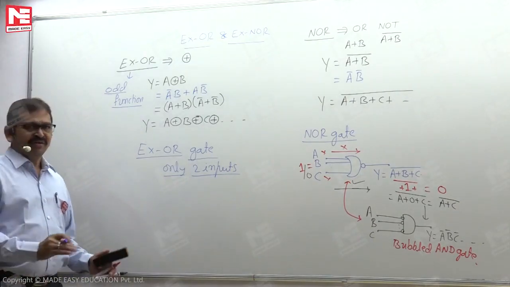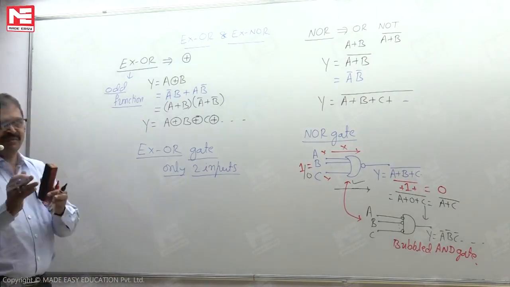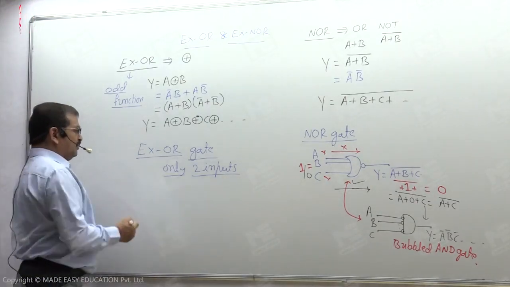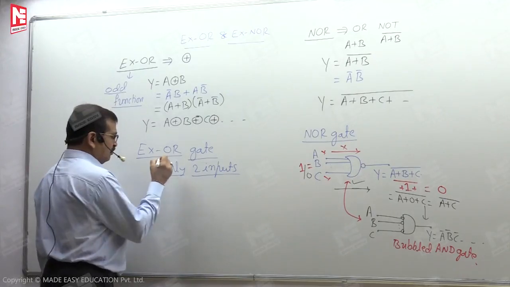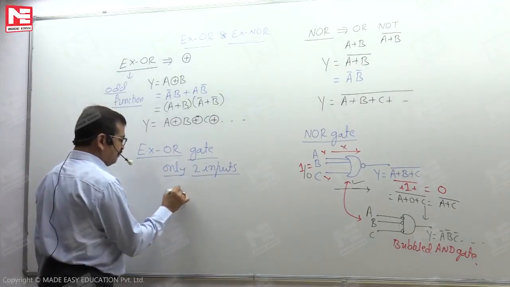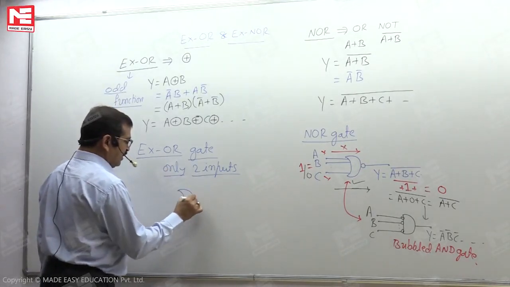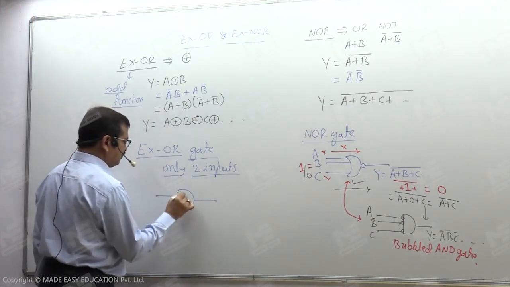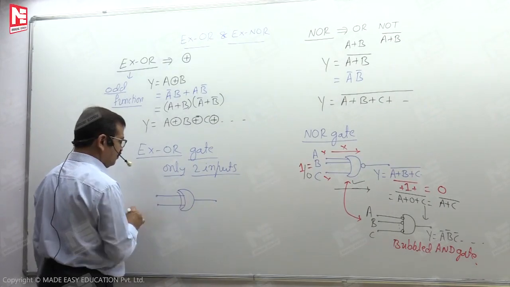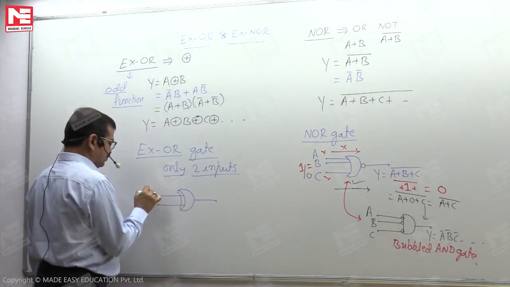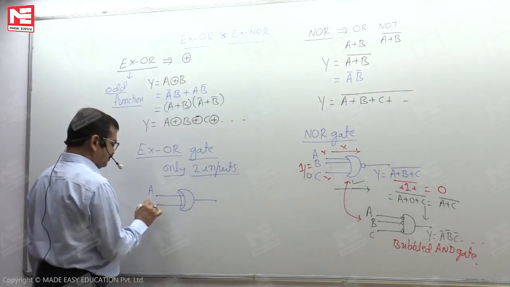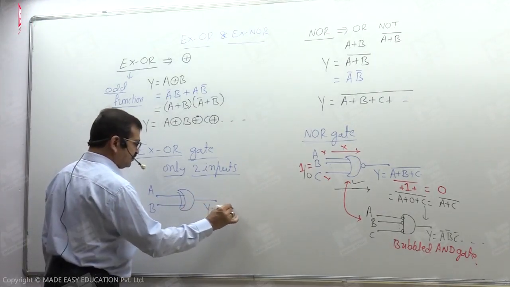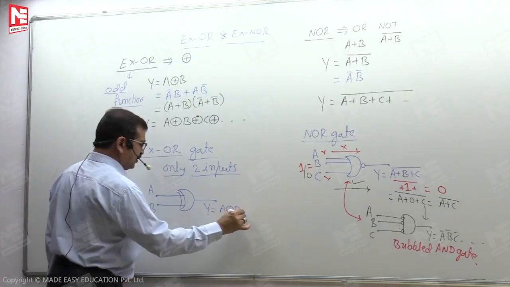Cascading is nothing but one XOR gate output coming as an input to the next XOR gate, and so on. The 2 input exclusive OR gate symbolically looks like this. It is the symbolic representation for the exclusive OR gate.